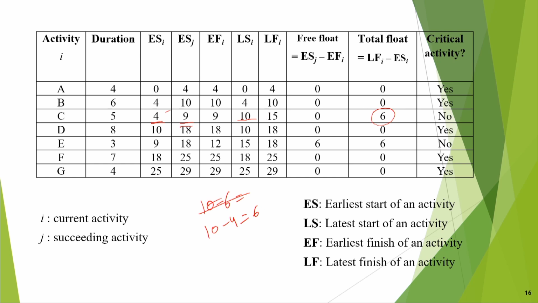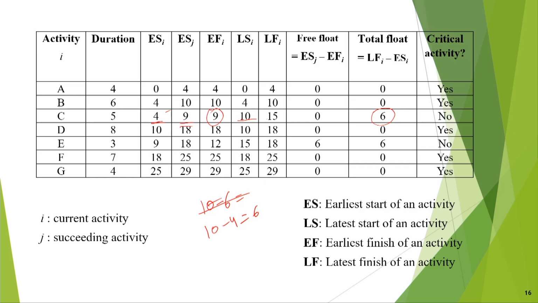But then why am I saying there is no free float? Because the earliest start of event J is 9, and the earliest finish is 9. That means the earliest it can finish is by the 9th day.